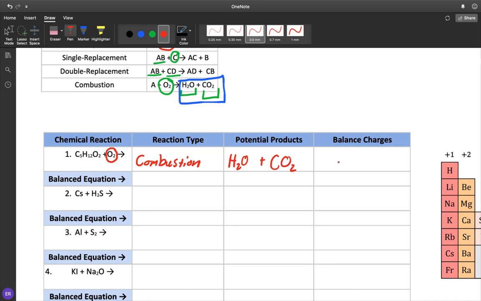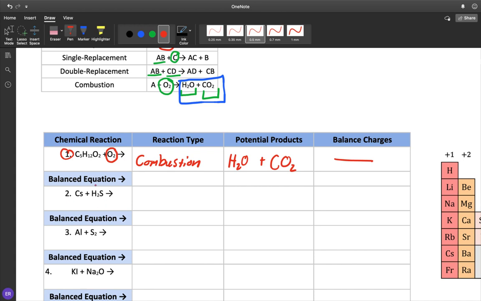Everything is already done for you, so we can just either disregard or write it again. But this is only for combustion. Okay, balanced equation, we're going to skip that for now. I'm going to predict only the products. And then at the very end, I'm going to balance this one, number one, for you.